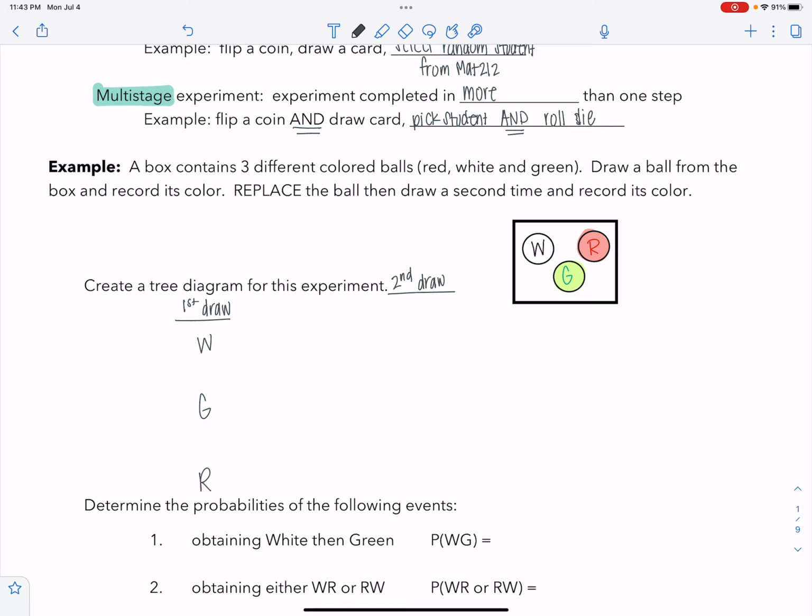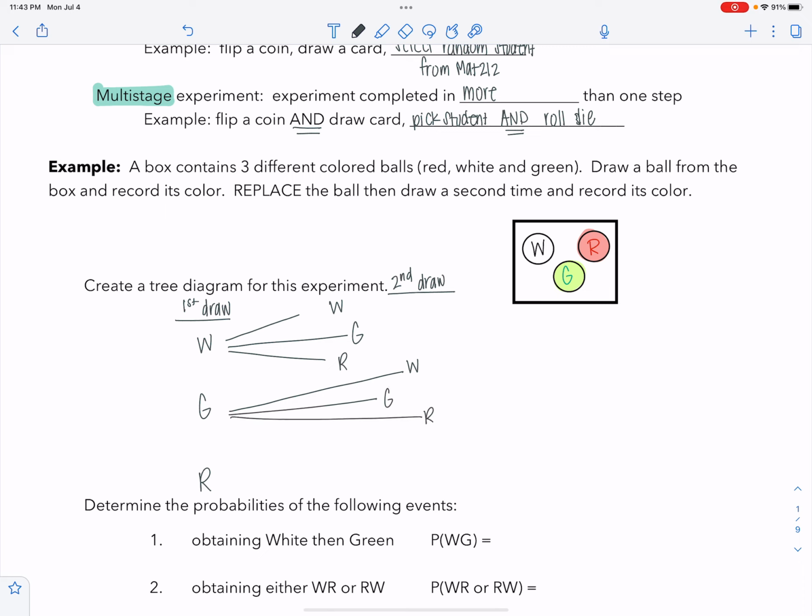On the second draw, I could still get those same possibilities because I've replaced the ball. So if I draw a white ball, I still could draw a white, a green, or a red. On the next one, I could still draw a white, a green, a red, and on the last one, I could still draw a white, green, or red.